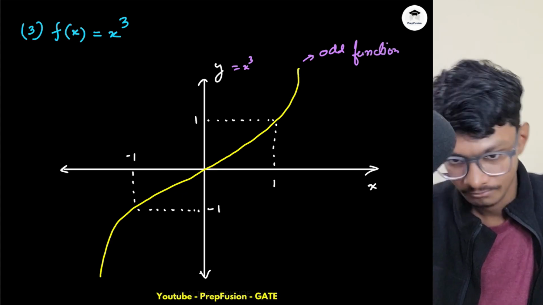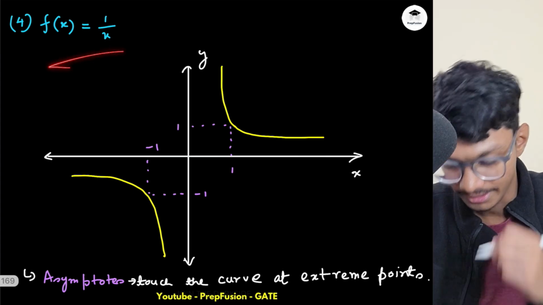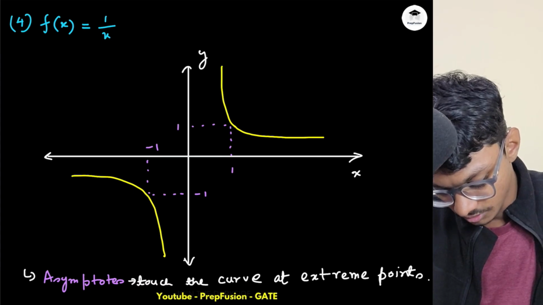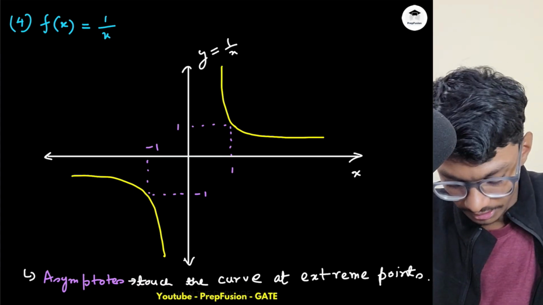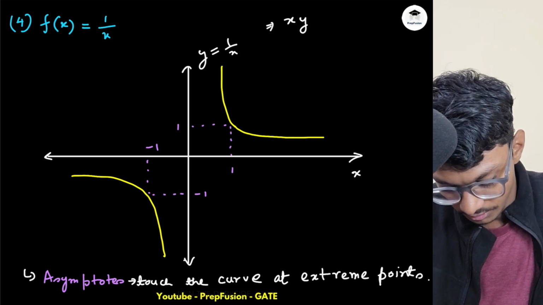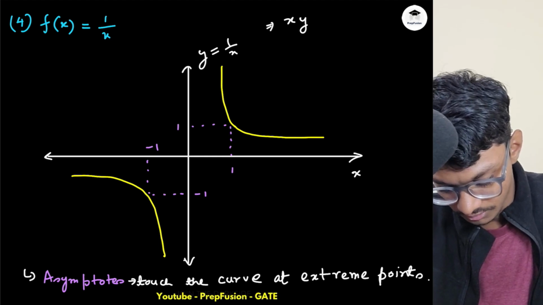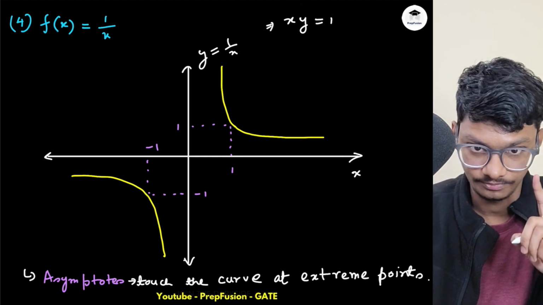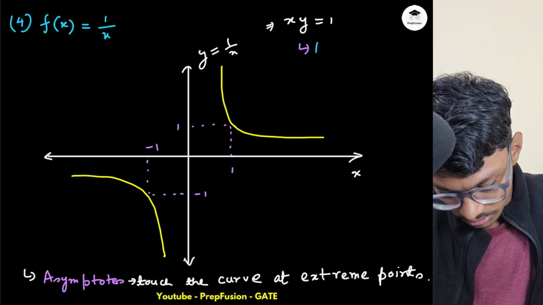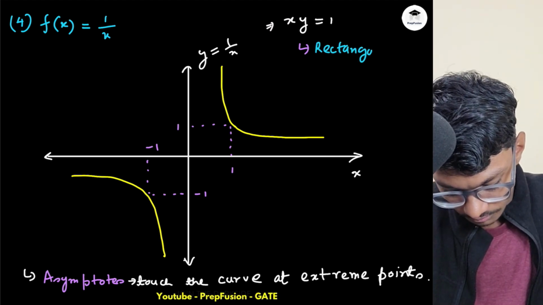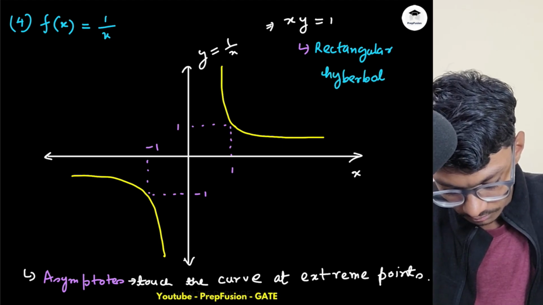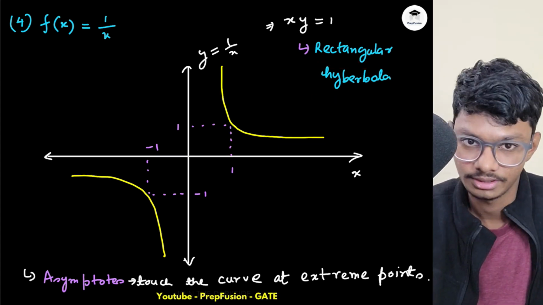Next is the rectangular hyperbola. If you see y equals 1 by x, I can manipulate the variables, so x times y equals 1.